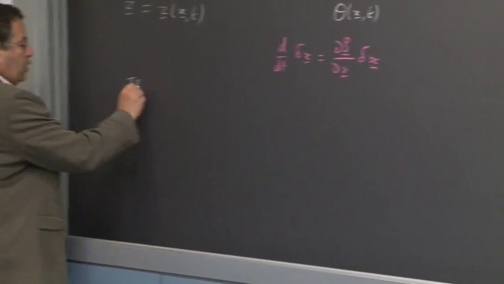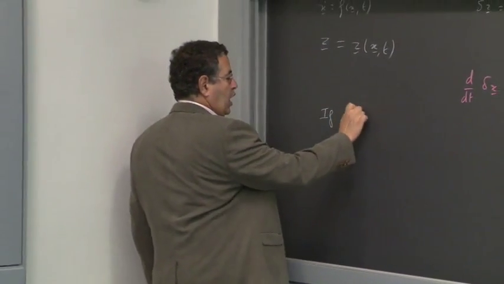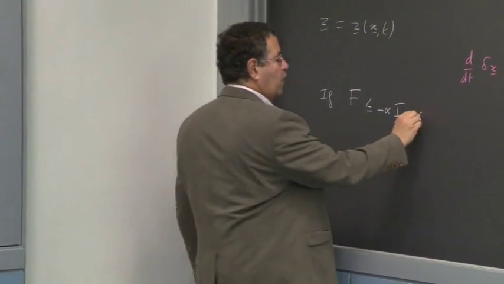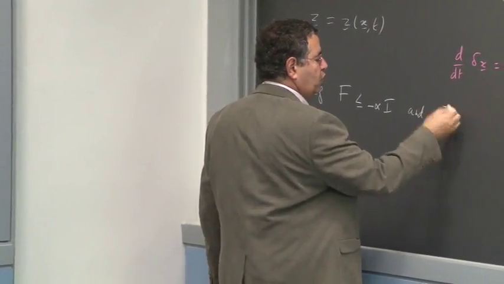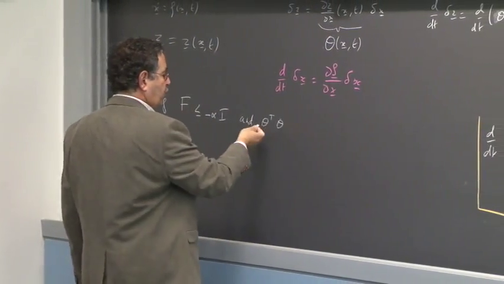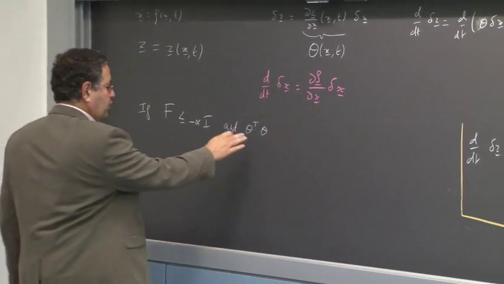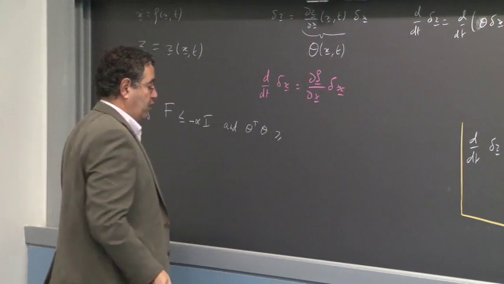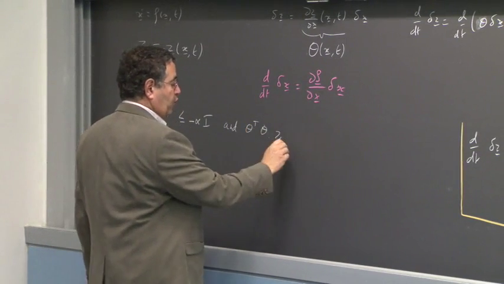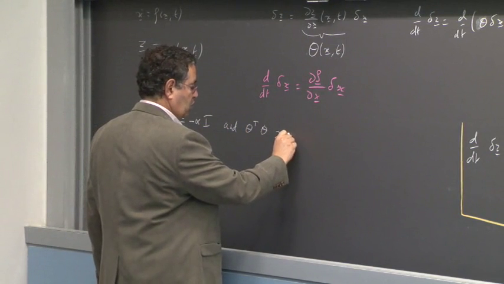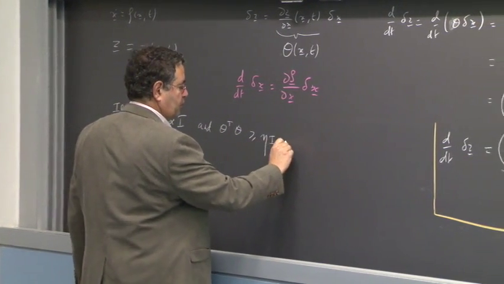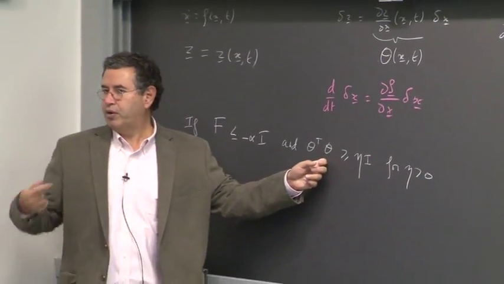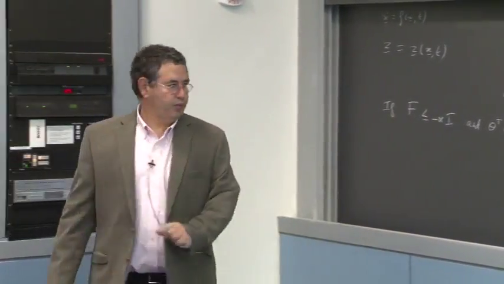And so if F now is uniformly negative definite, and we still need this invertibility condition, okay, so we still need these to be nice and invertible, it's easy to show that you can get this by requiring that theta transpose theta, which is a square, of course, be positive definite, okay? Right, this is basically saying that theta is invertible, but it's saying also it's uniformly invertible, right?